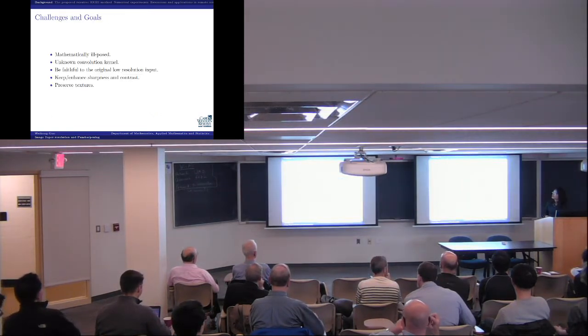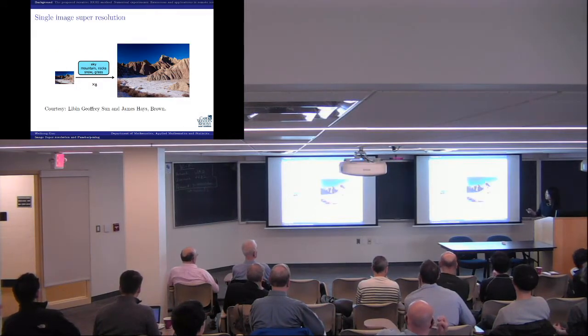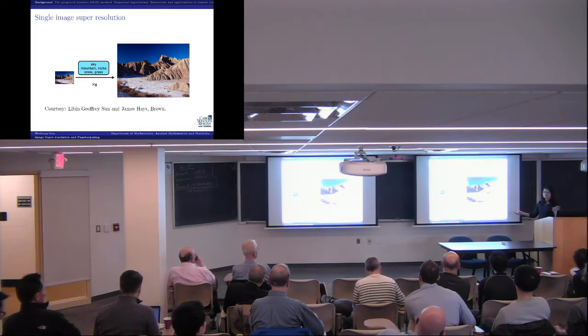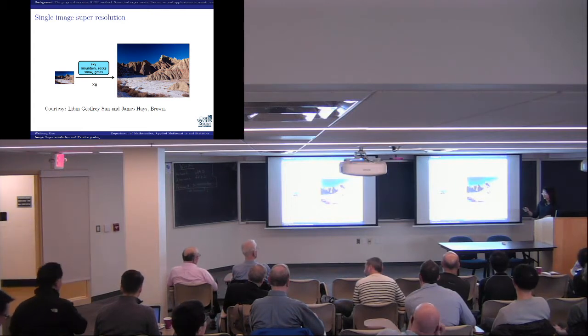Okay. So mathematically, obviously, it is going to be an ill-posed problem because you are trying to reconstruct a bigger image from a low resolution image. This image is much smaller. If you do 8 times enlargement along each dimension, you have 64 times the number of variables than the original available data.